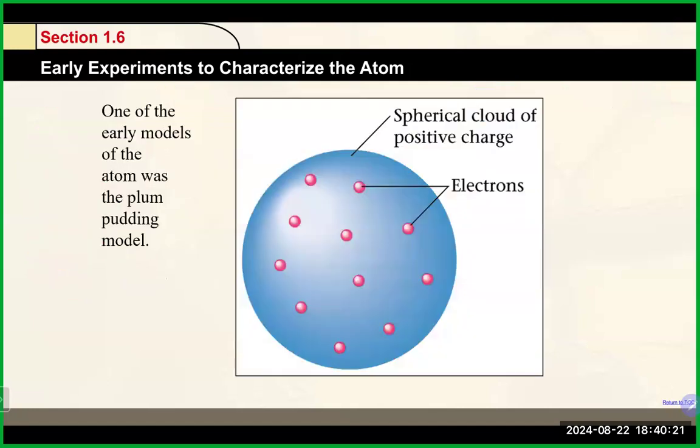And obviously here is a much prettier picture of what it looks like. This was the accepted model of the atom for a fairly good amount of time. But again, a model or a theory is something that can be revisited. And it was revisited, and that was the next major step towards understanding the atom.